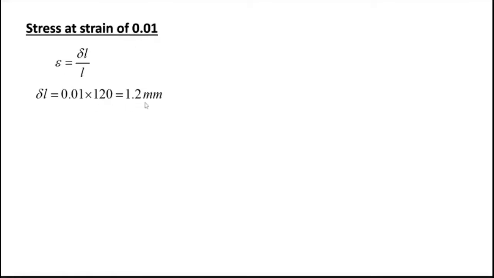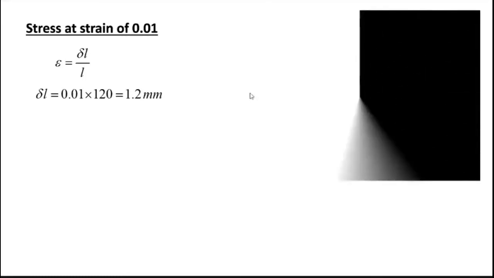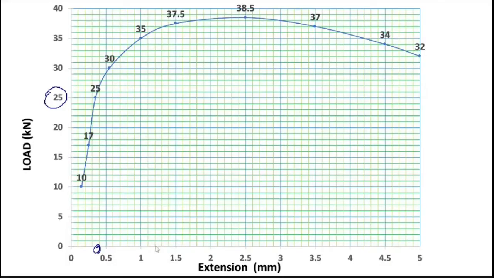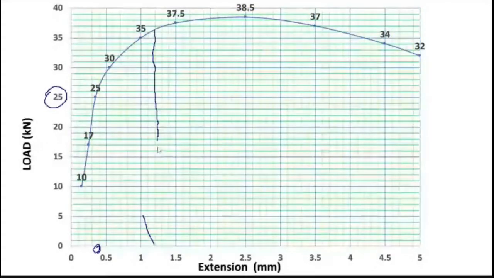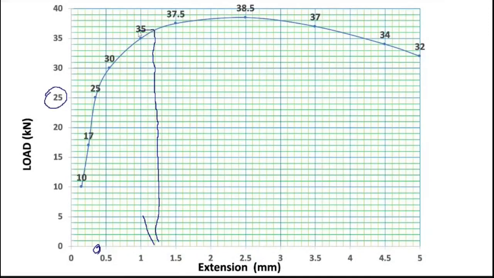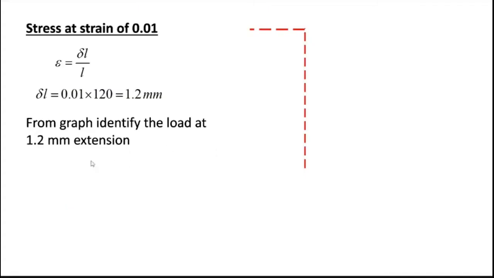You are getting 1.2 mm. Now in the graph, 1.2 is somewhere here. I'm going to draw a line here. So it cuts here. Then I am going to identify my load P. If I identify, you will get my load as 36 kilonewton.